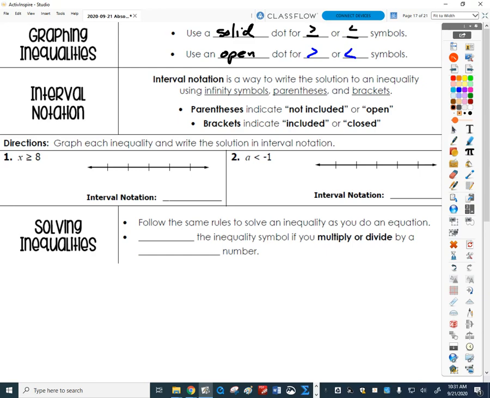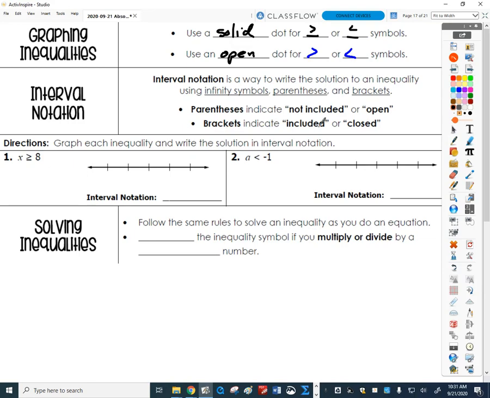Make sense? Interval notation. Okay, so interval notation is an alternative to using inequalities, right? With interval notation, we're going to use a combination of infinity symbols, parentheses, and brackets. Parentheses indicate not included or open, so those correspond to inequality symbols without the equal sign included.